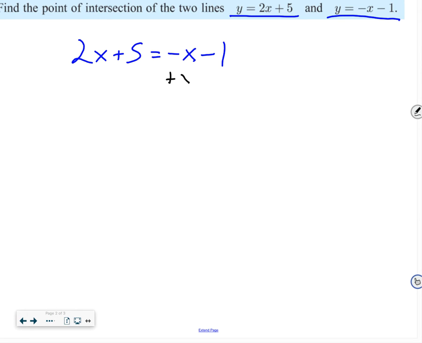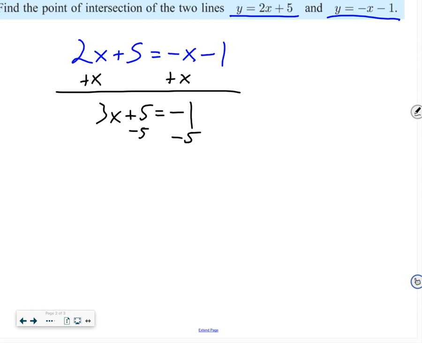So I'm going to add x here, add x here. Okay, and I get 3x plus 5 equals negative 1. And then collect my constants on the right side. So I minus 5 here, minus 5 here, and I get 3x equals negative 6. Divide by 3, divide by 3. I get x is equal to negative 2.